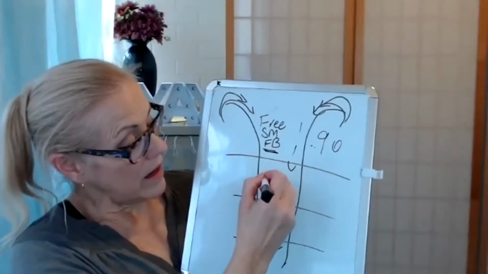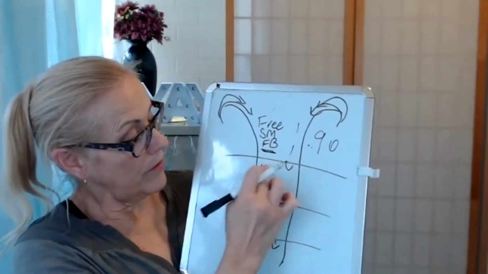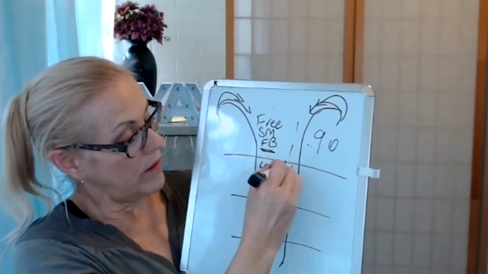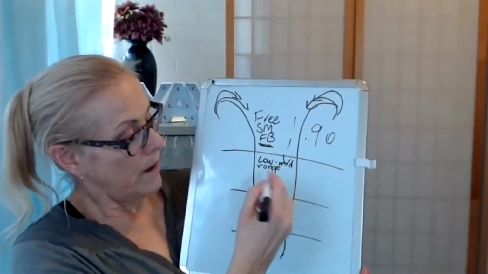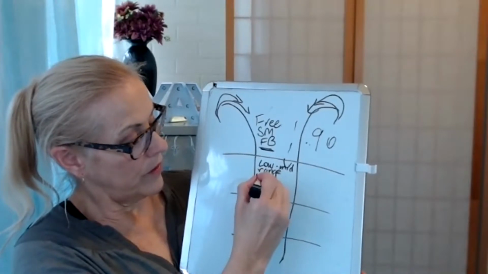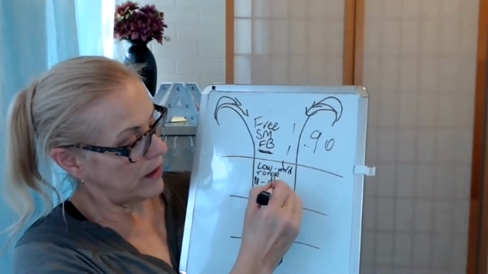Now down here, this is the low to mid range products that you have. The people who come in here, it might be anywhere from $1 or $7 to $47 or $50.